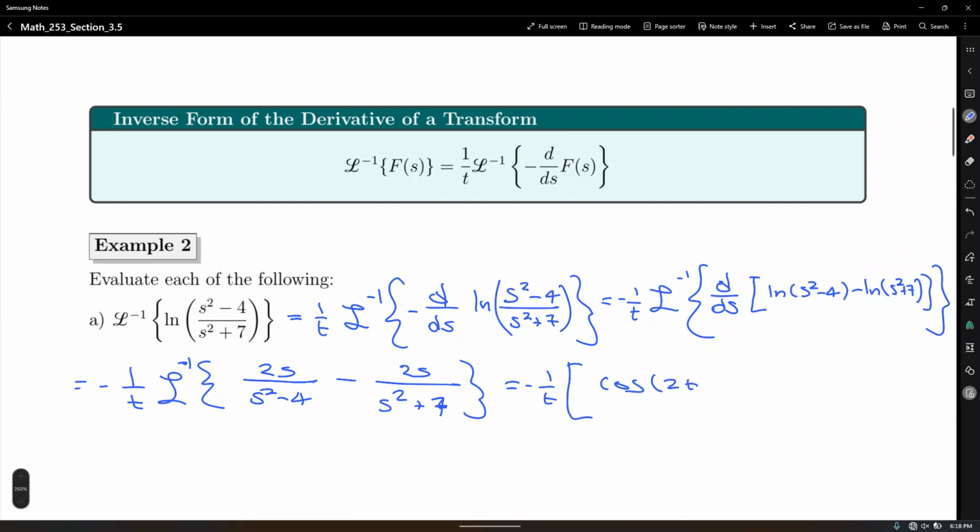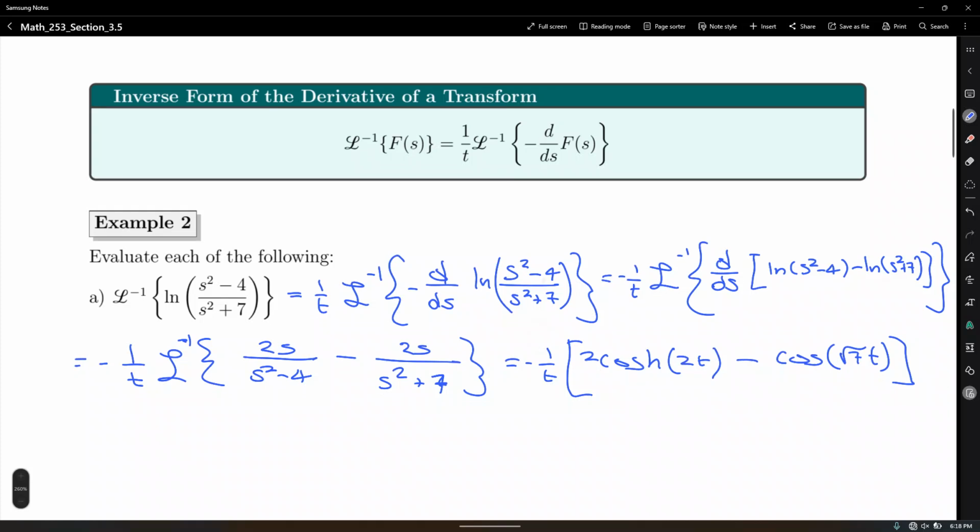And no, actually, that's not cosine. That's actually cosh, right? Cosh of 2t, the square root of this number. And that's actually 2 times, and what else? Minus cosine square root of 7t.